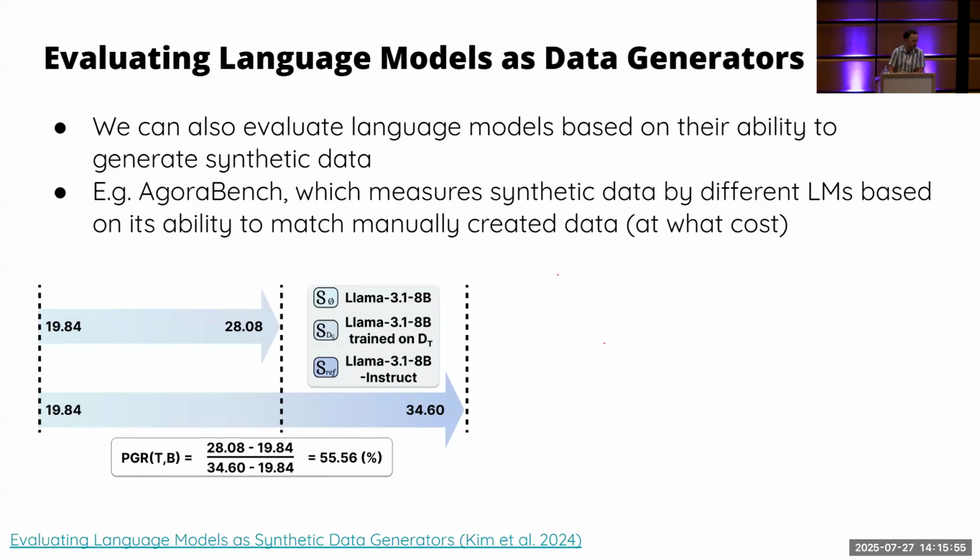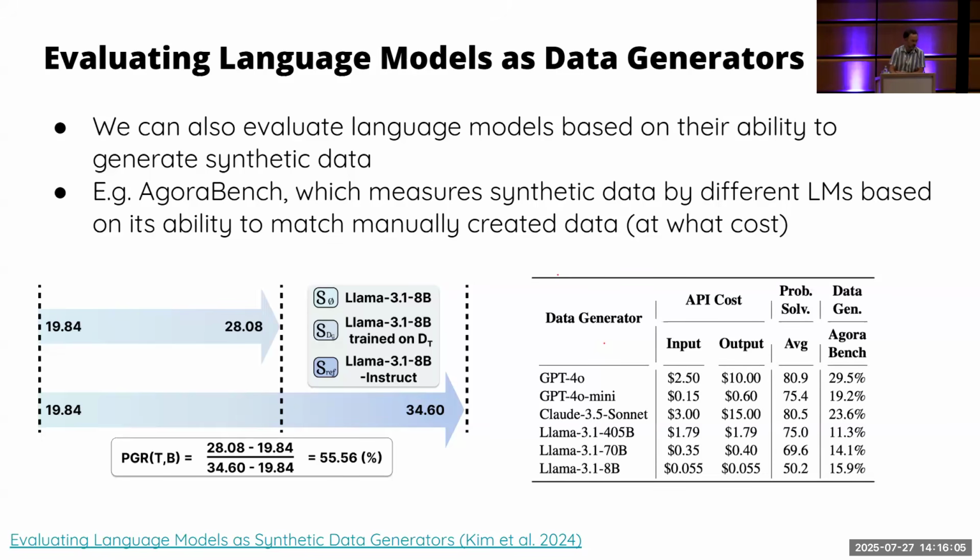And we measure the difference between training a base language model on synthetic data and the base language model trained on manually created instruction tuning data. We compare a bunch of language models, both from the point of view of the final accuracy recovered, and the cost of generating the data.